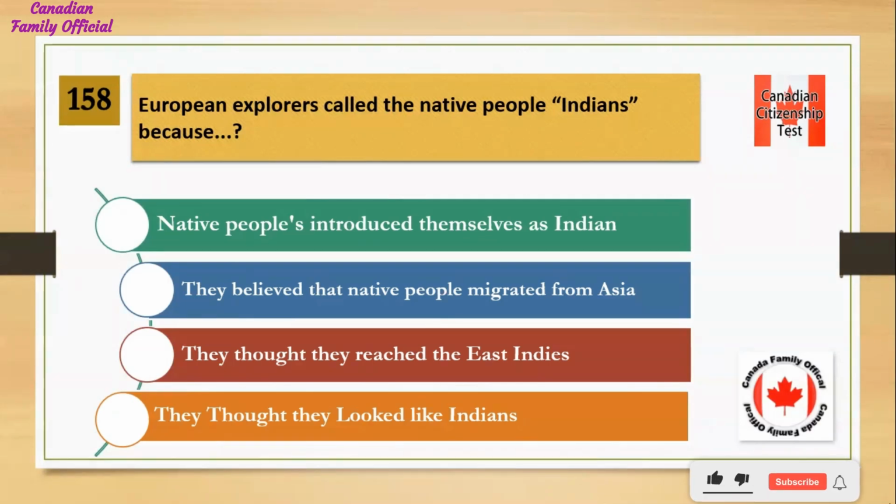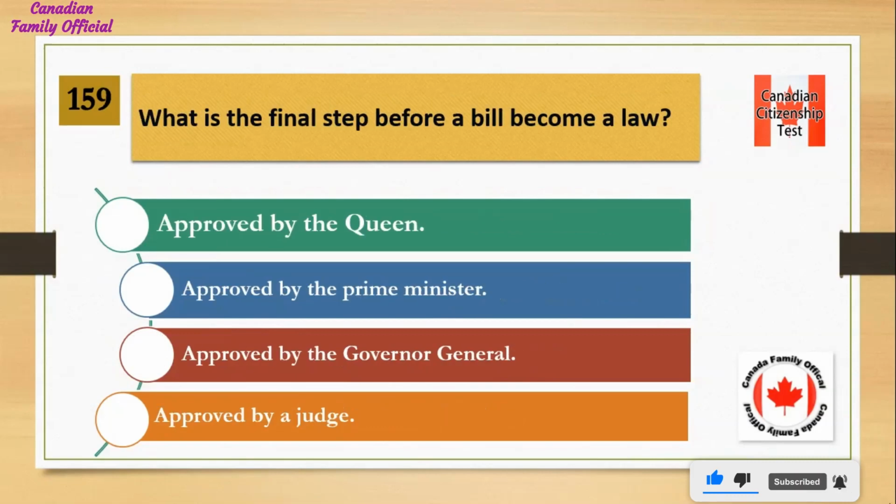European explorers called the native people Indians because Number 1 native peoples introduced themselves as Indian. Number 2 they believed that native people migrated from Asia. Number 3 they thought they reached the East Indies. Number 4 they thought they looked like Indians. And the answer is they thought they reached the East Indies.